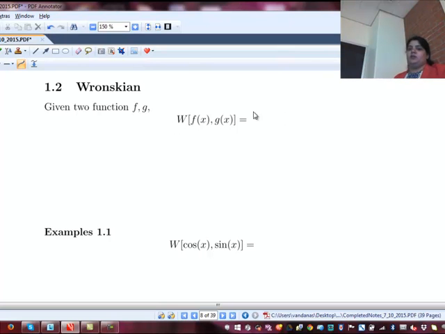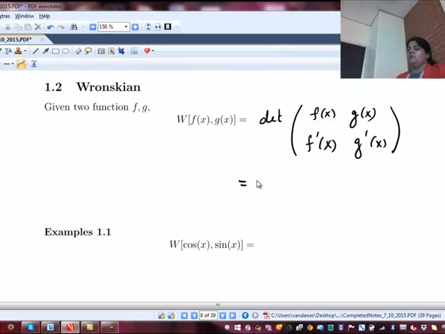The Wronskian of 2 functions is the determinant of f(x), g(x), f prime(x), g prime(x). This equals f(x) g prime(x) minus g(x) f prime(x). So if somebody gives me 2 input functions, I will take the determinant, put them in a row, differentiate, and then find this. It looks like a product rule but with the plus replaced by minus.